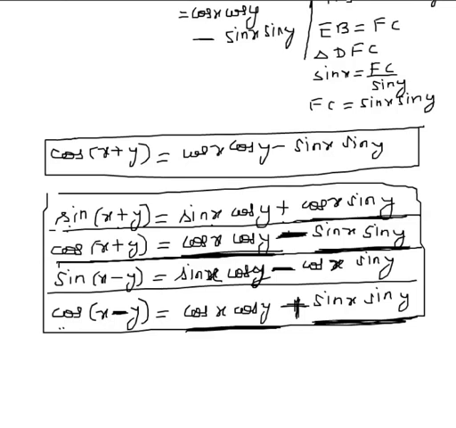So minus will become plus here. Now it will be easy for you to memorize these 4 formulae. Now using this, we can derive tan of x plus y. Now tan of x plus y is sine of x plus y by cos of x plus y.